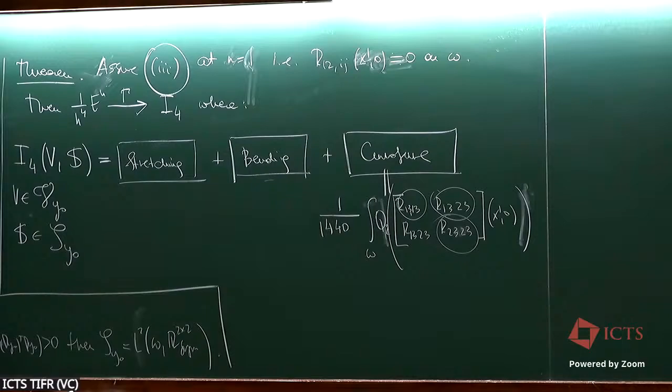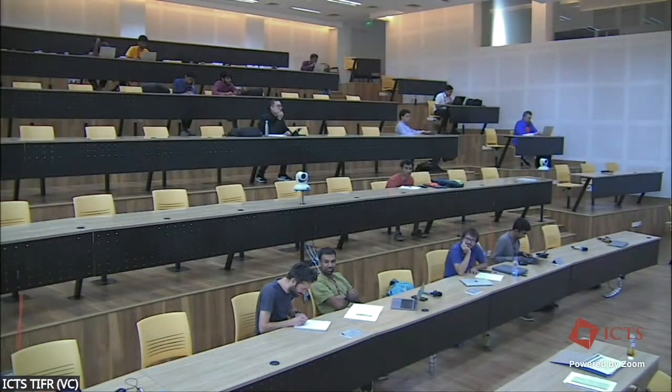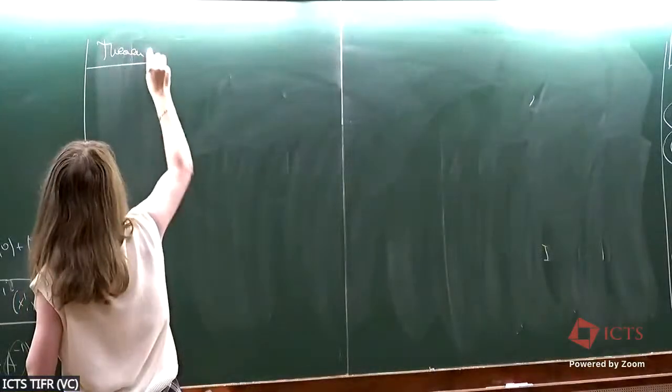So this is what happens at the level of I4. What happens at the level of the energy when n is strictly bigger than 1? That's the next statement. Theorem.